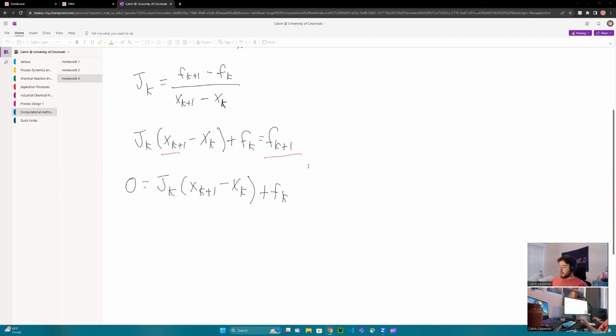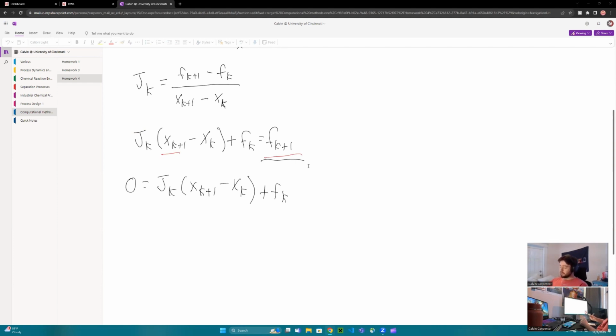All right. But as we solve, you'll come to find out that this f of k plus 1 isn't actually exactly 0. But we make this assumption so that we can solve for that x of k plus 1, or the next value. And so in order to resolve for f of k plus 1, we can use the updated Jacobian.